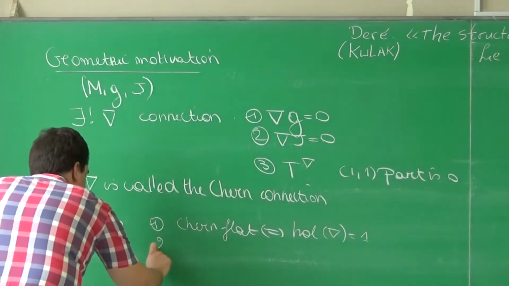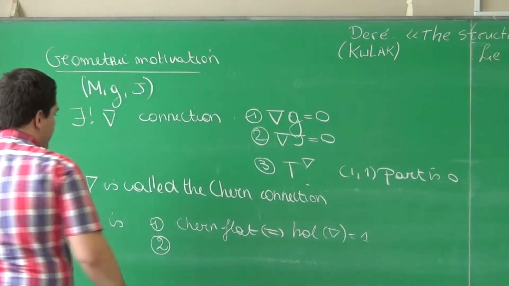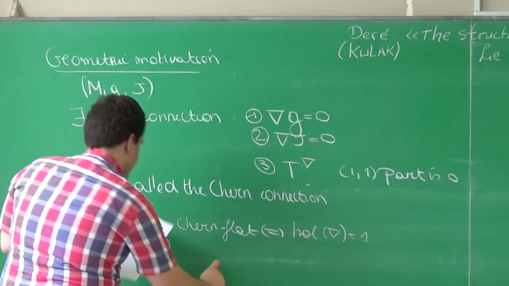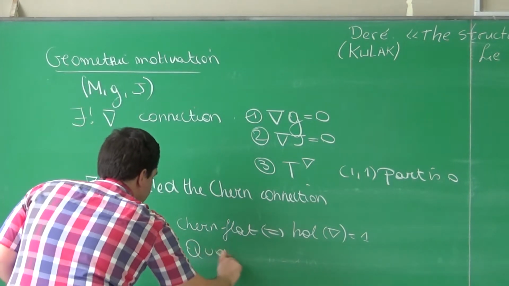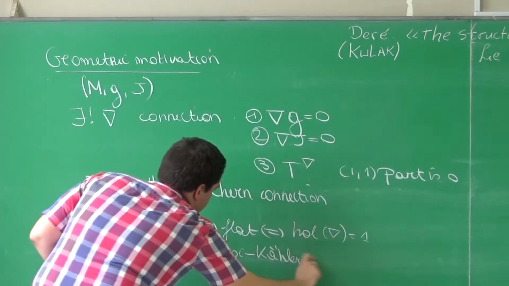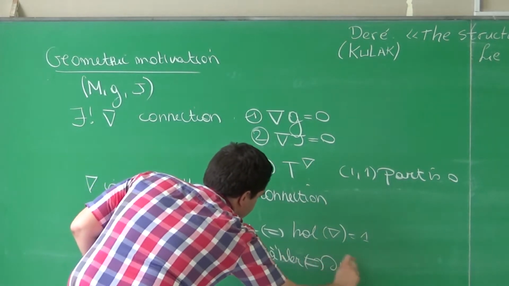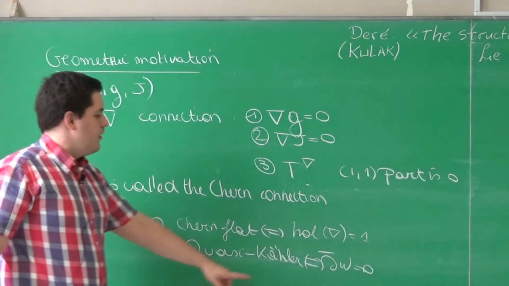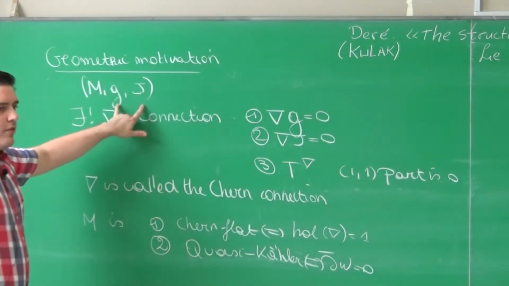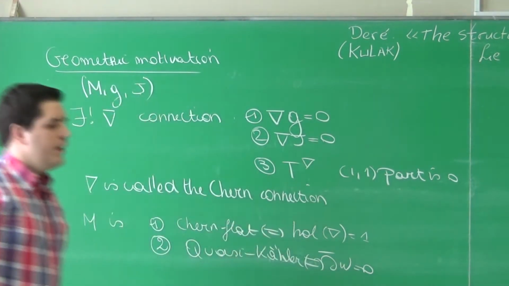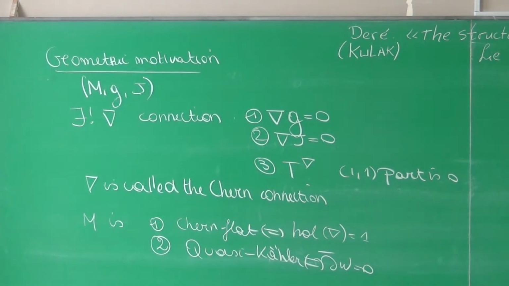And the second property is that it's quasi-scalar. That's if you take the two-form with this structure, and you don't take the full d but only this part, and it is 0, then you call the manifold quasi-scalar.